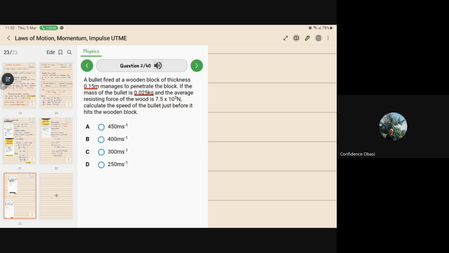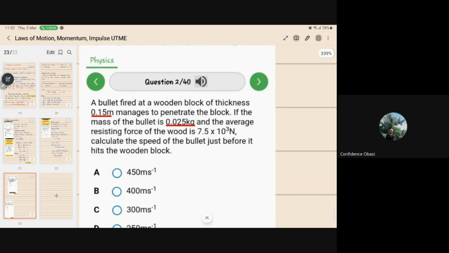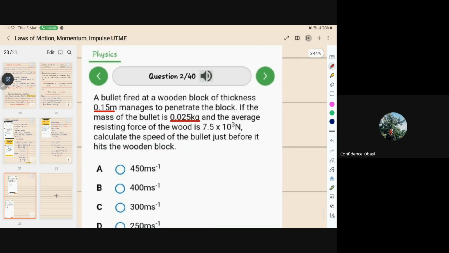That means the force. Can you see the question? So that's the force. The force the block is using to resist it from penetrating is 7.5 times 10 to the power of minus 3. They say we should now calculate the speed of the bullet just before it hits the block, right?